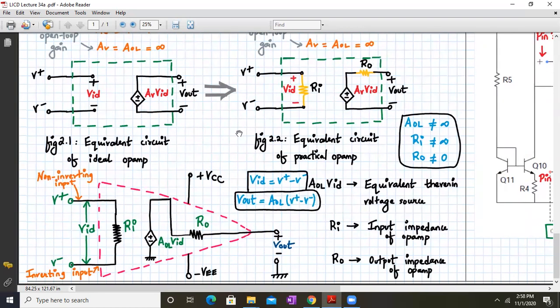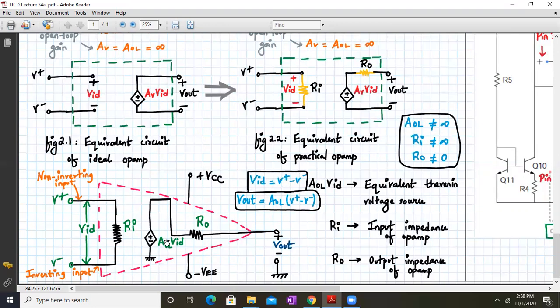Now this is the same equivalent circuit of a practical op-amp, but drawn with the symbolic form of a triangle for an op-amp. So here we have V plus as the non-inverting input terminal, and V minus as the inverting input. The difference between them is your VID. It is followed by a very high value of Ri.